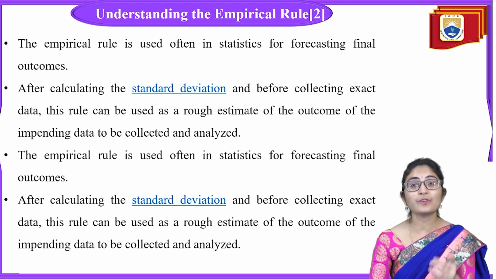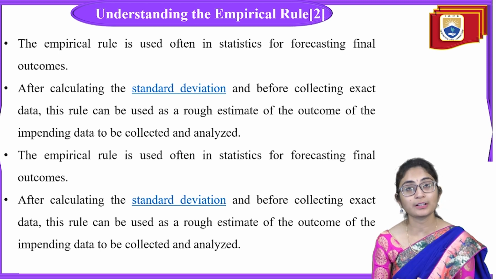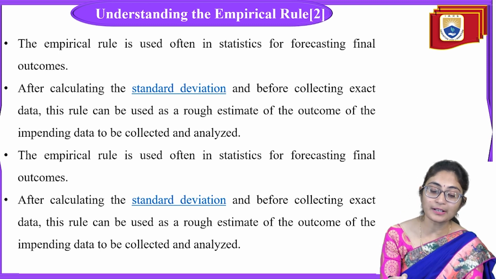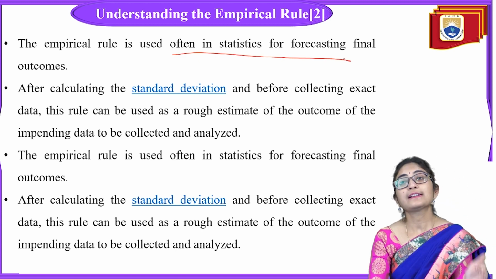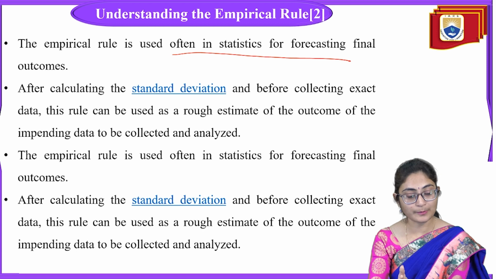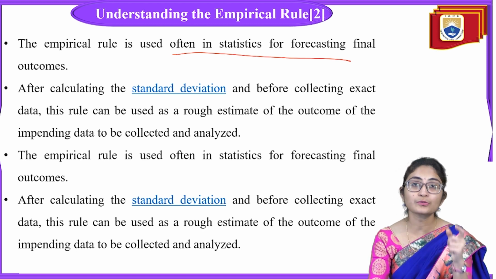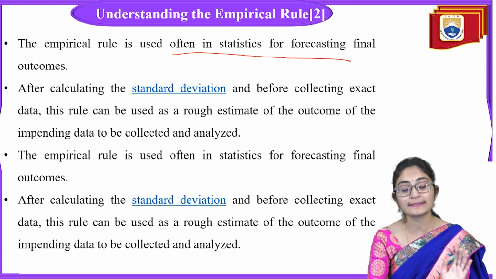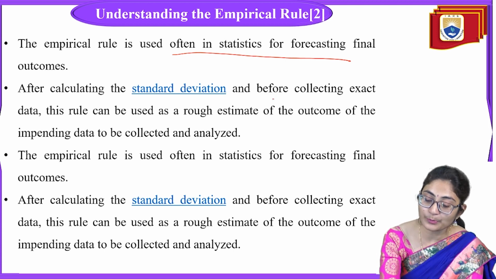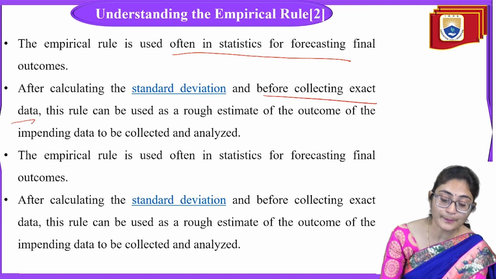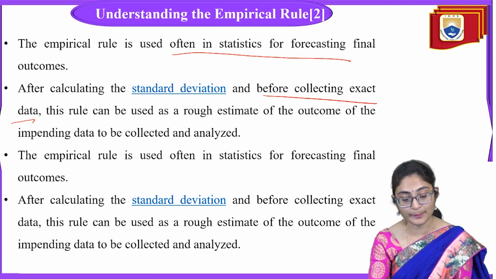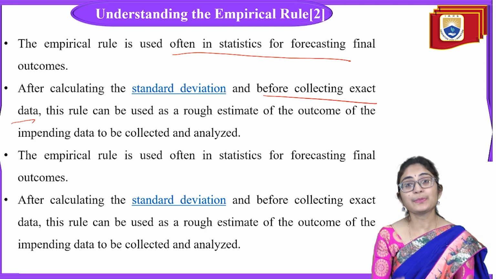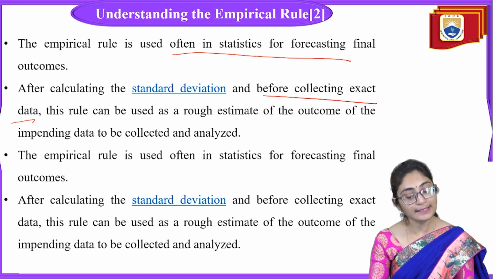Now we will understand what the empirical rule is. The empirical rule is often used in statistics for forecasting final outcomes. After calculating the standard deviation and before collecting the exact data, this rule can be used as a rough estimate of the outcome for your data to be collected and analyzed.